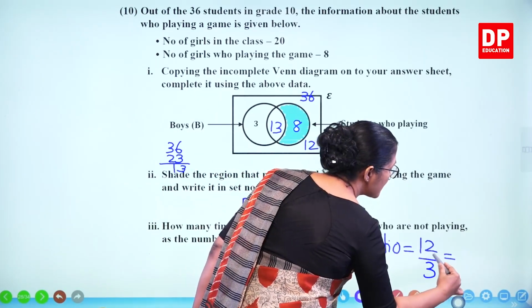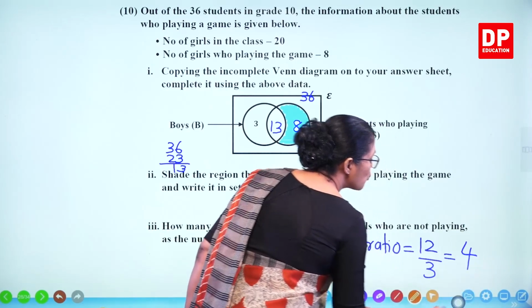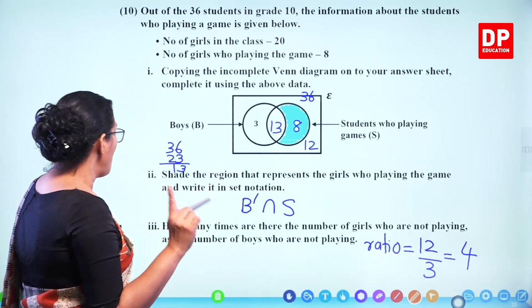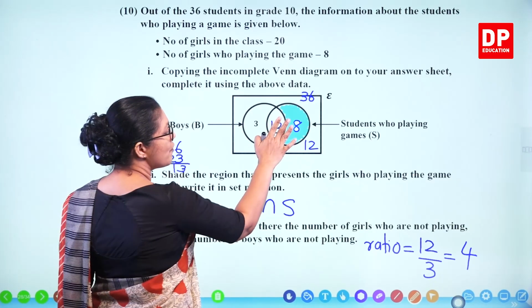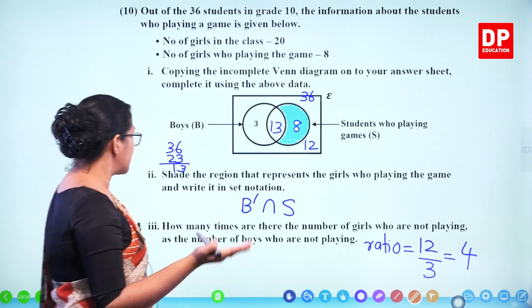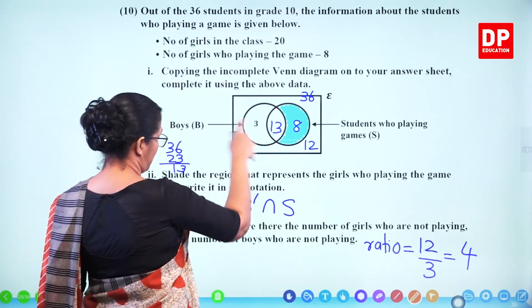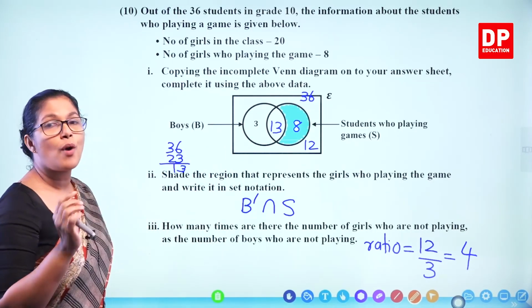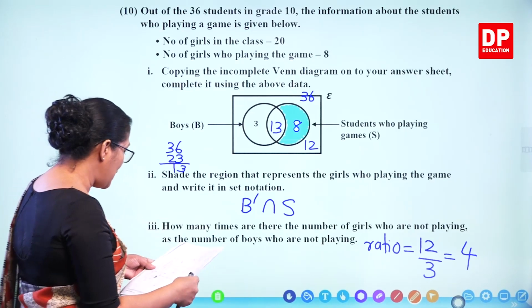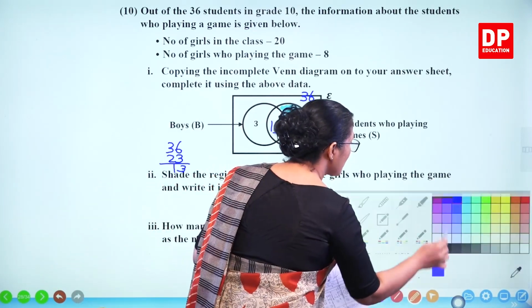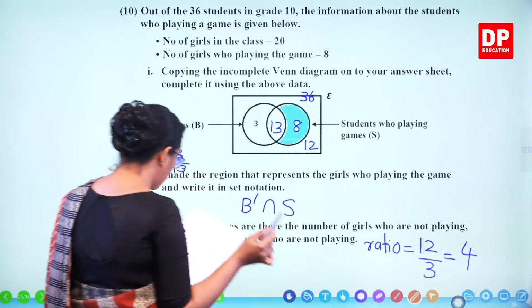So how many times? 3 times 4, 12. So the number of girls who are not playing is 4 times the number of boys who are not playing. So 4 times.